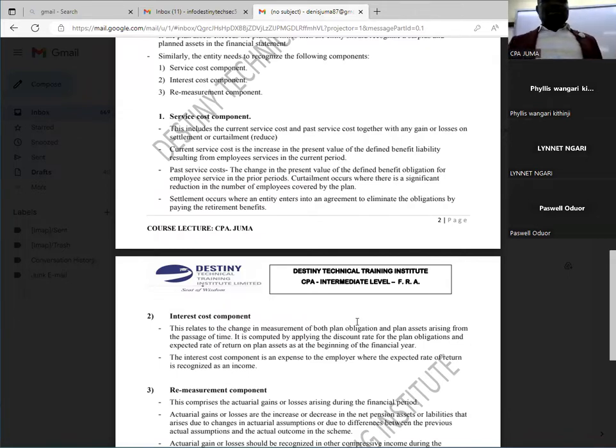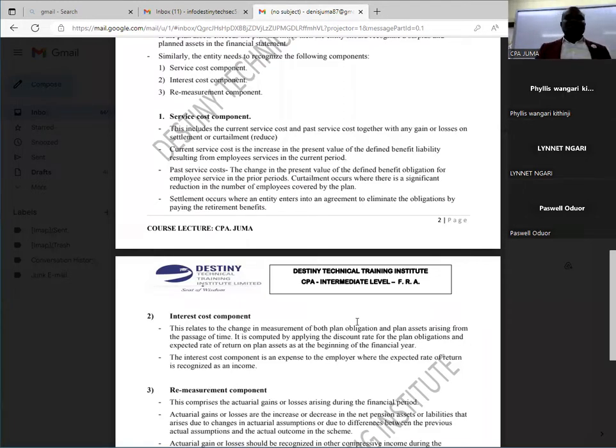Current service cost is the increase in the present value of the defined benefit liability resulting from employee services in the current period. So when the liability goes up as a result of the services they are providing, that increase in the obligation is called the current service cost.